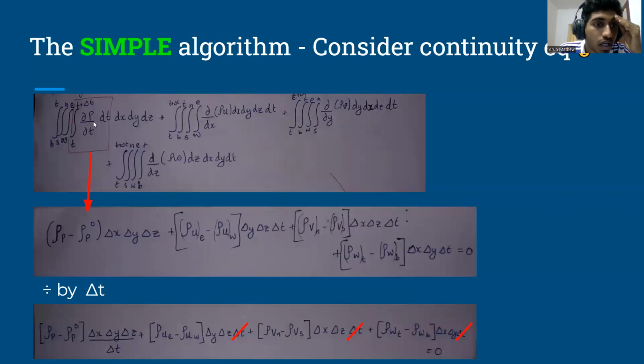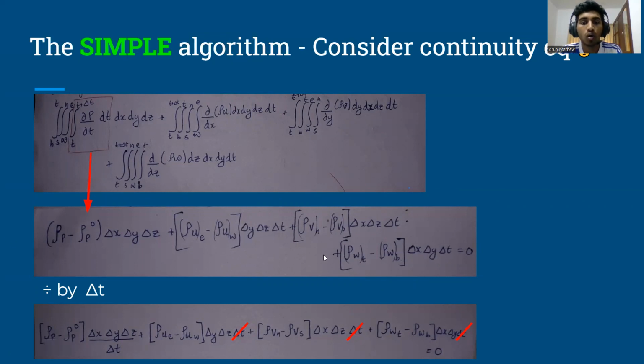Now, when we integrate the first term with respect to time, dx, dy, and dz, we get an expression like this, which is rho P minus rho P old into delta x, delta y, delta z. And the second term will be like this, which will be rho u at east minus rho u at west into delta y, delta z, delta t.